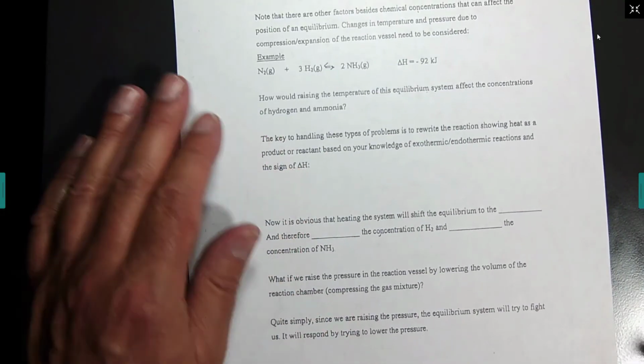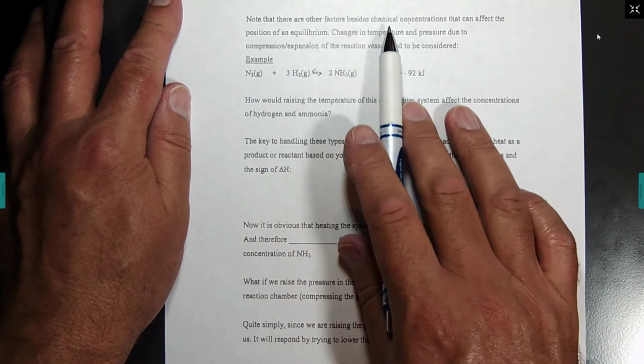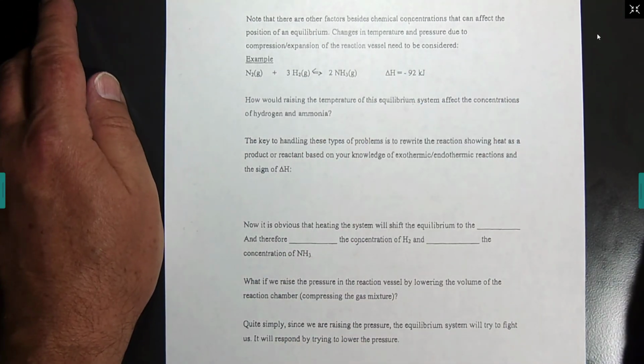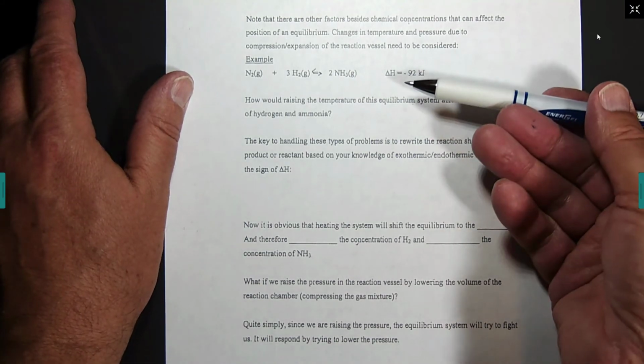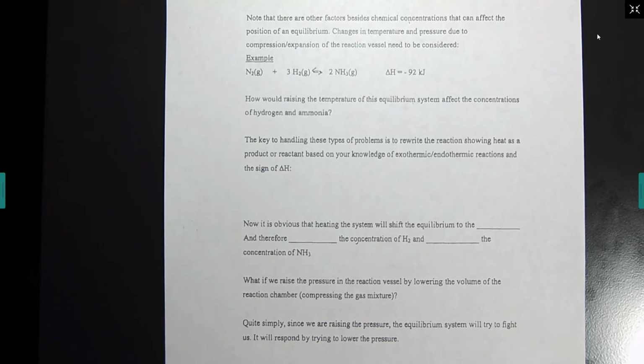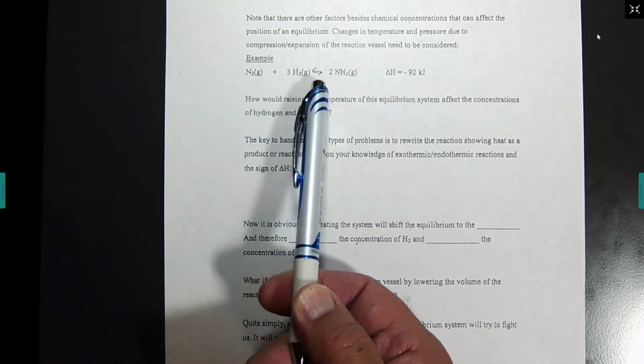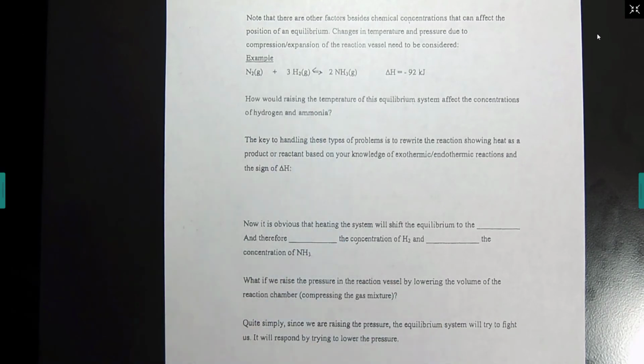Okay, let's continue on with Le Chatelier's principle here. There are some other factors besides concentration that can affect the position of the equilibrium. So you can push this reaction to the left or to the right, not just by adding or removing chemicals, but you can push it around using energy, using thermal energy, changing the temperature of the system.